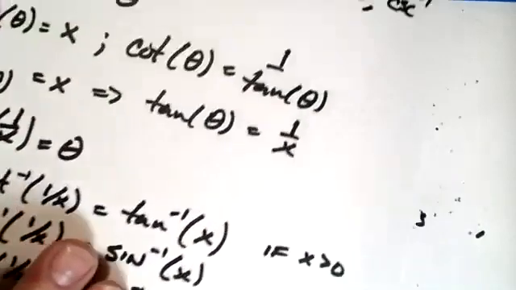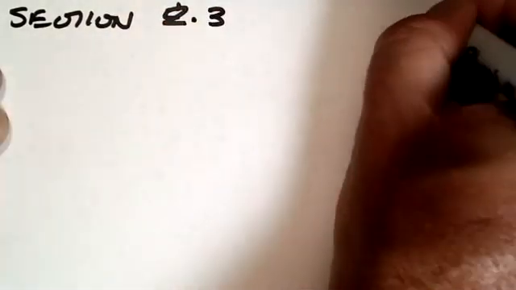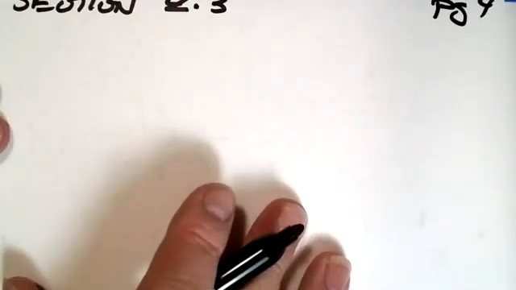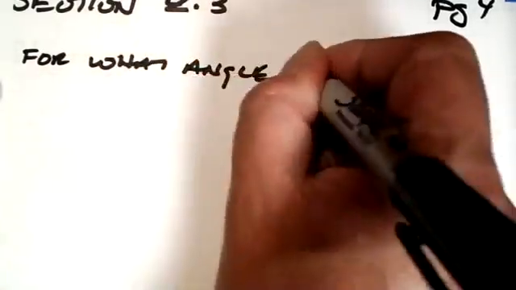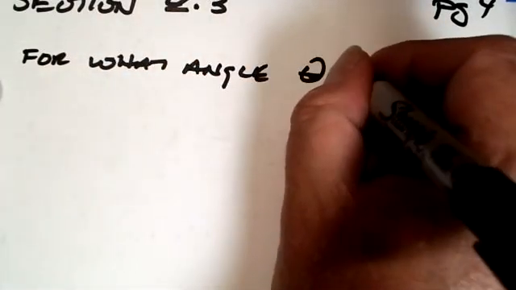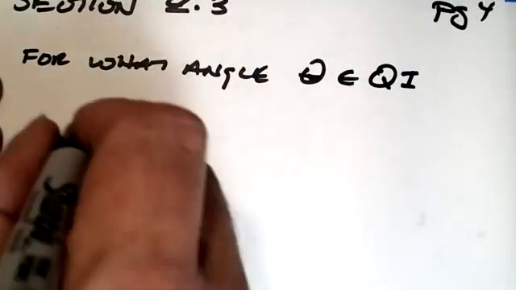So that's a big-scale theoretical idea. Let's show it in practice so that we can hammer that home a little bit. Remember, we're trying to find angles. I'm on section 2.3, page number 4. So for what angle theta, and I'll even explicitly say that it's in quadrant 1, is the following true?